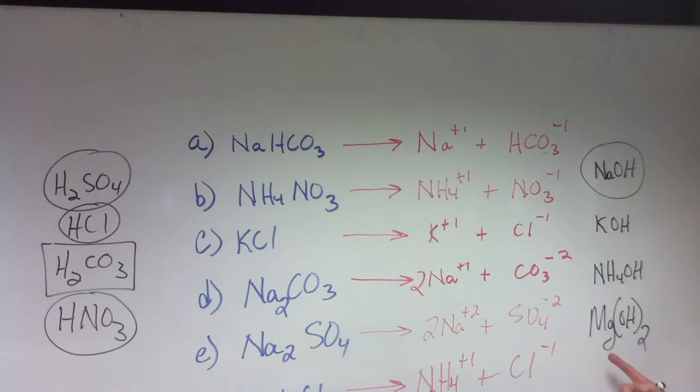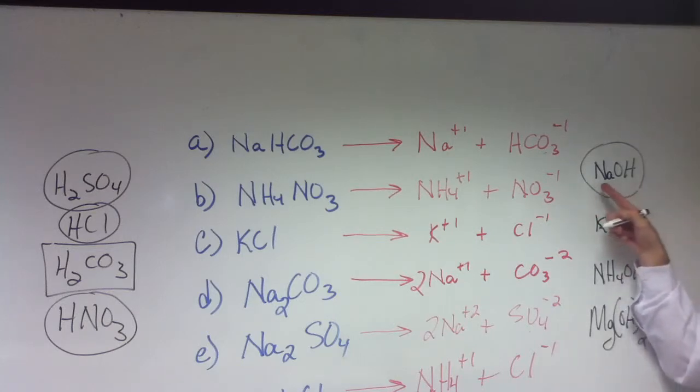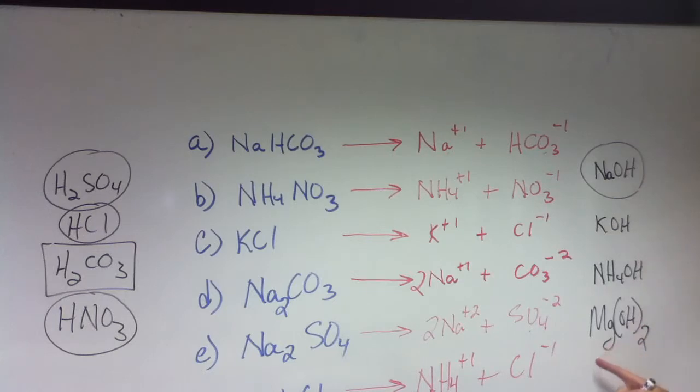If something doesn't dissociate completely, Tom, it's not going to be a strong base. If I have 1 mole of magnesium hydroxide, and I have 1 mole of sodium hydroxide, with 1 mole of sodium hydroxide, I'm going to get 1 mole of hydroxide in solution. With 1 mole of magnesium hydroxide, I'm not going to have a whole mole of hydroxide in solution because it doesn't dissolve completely.